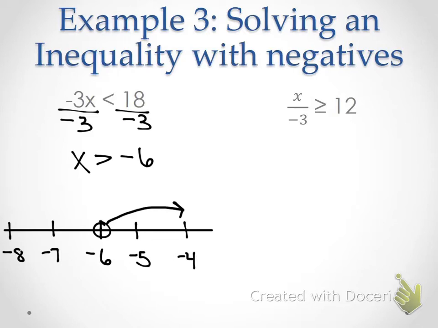What do I do to both sides on the second one? Multiply by negative 3, both sides. Xander, what's going to be my answer? Negative 36. It is negative 36, but what's my inequality?